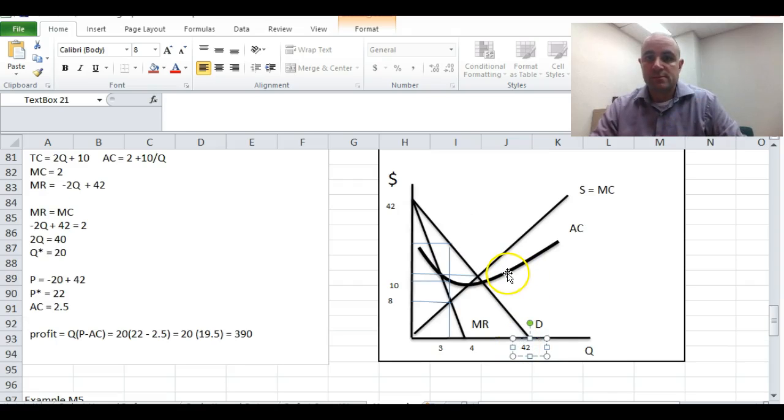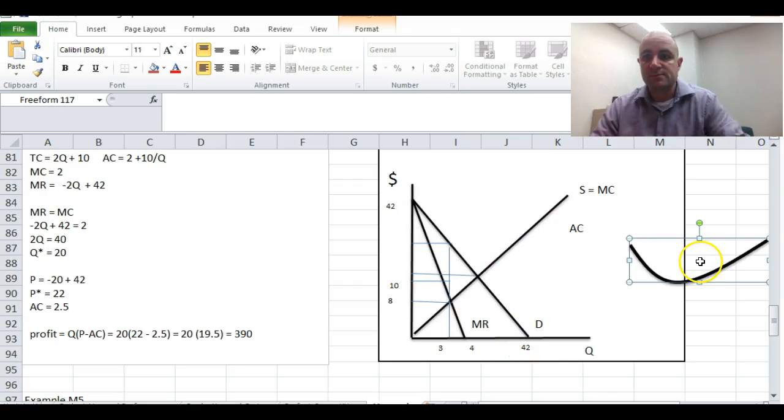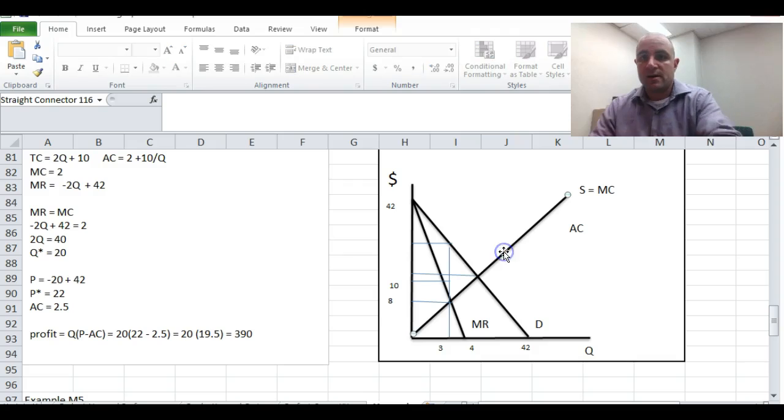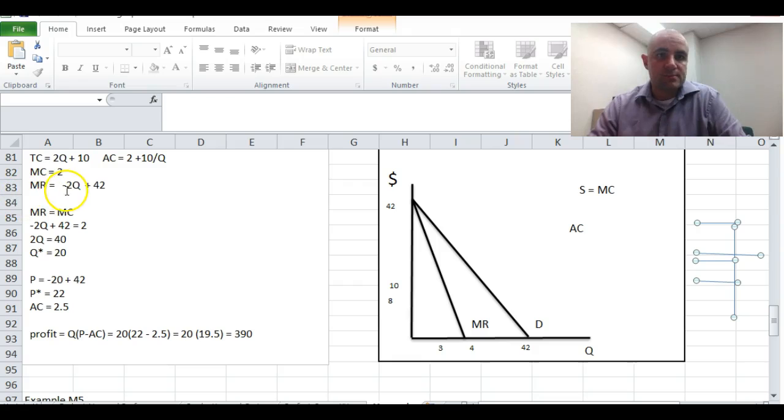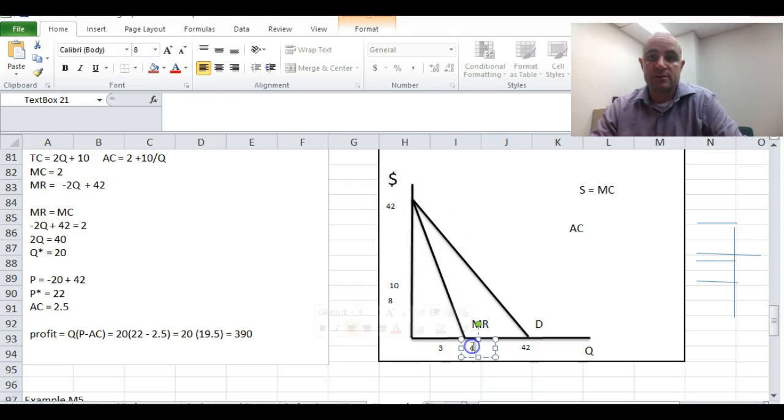And our marginal revenue is minus 2Q plus 42. So it's also going to start at 42, but it's going to go down twice as fast. It's going to be 21.